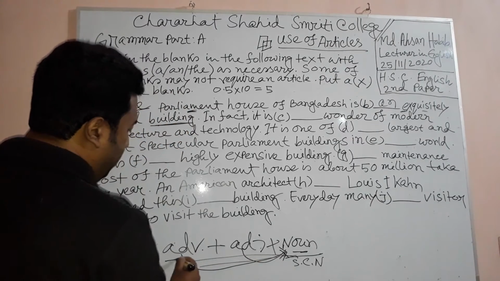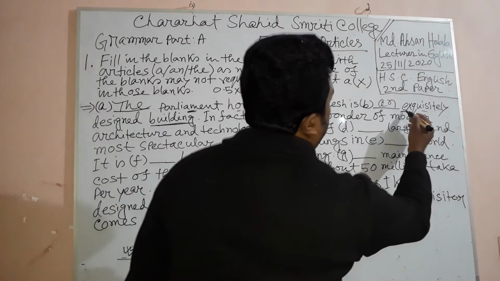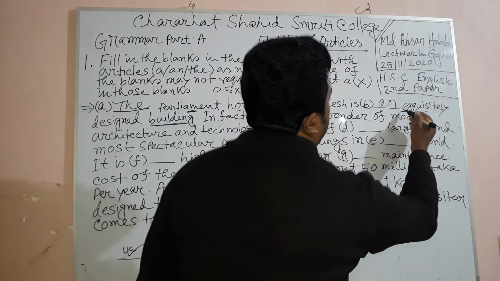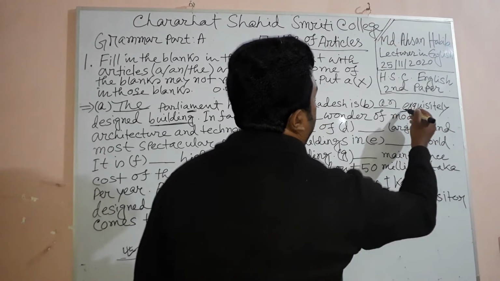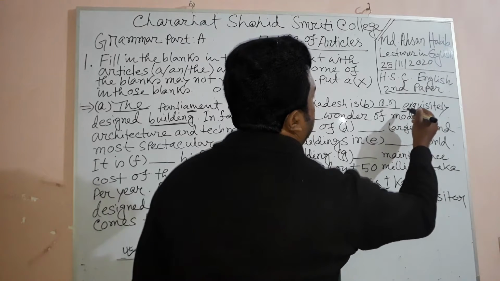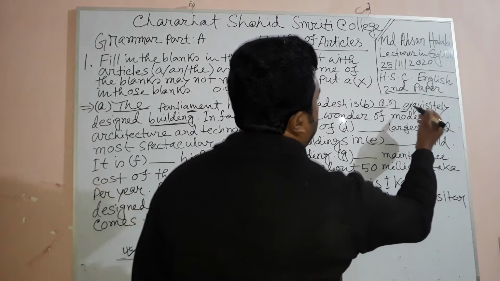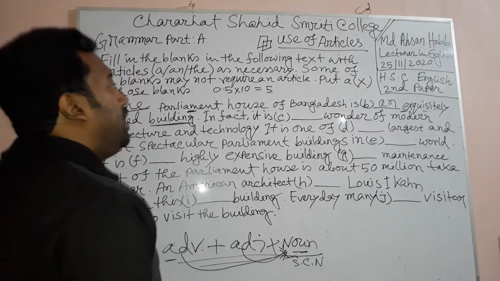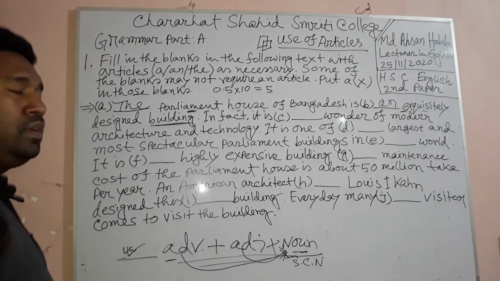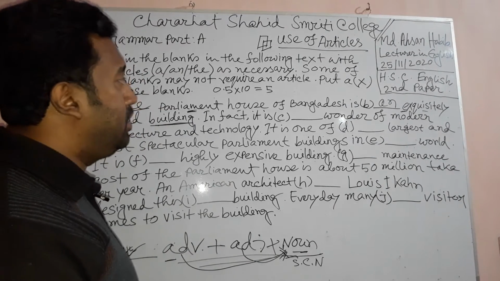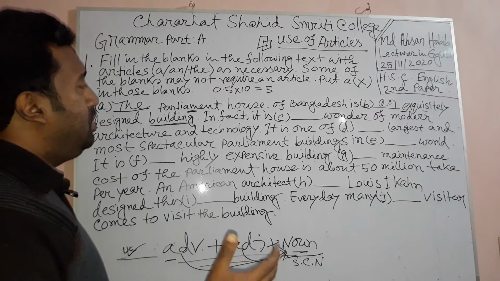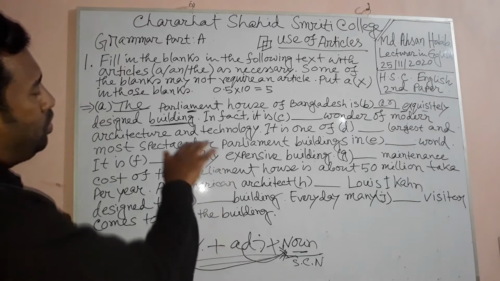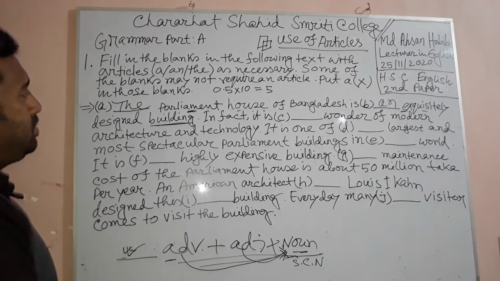If the word starts with a vowel sound, you have to put an, or if it starts with a consonant sound, you have to put a. So is it difficult? I think if you practice a lot, you will get good marks on articles.